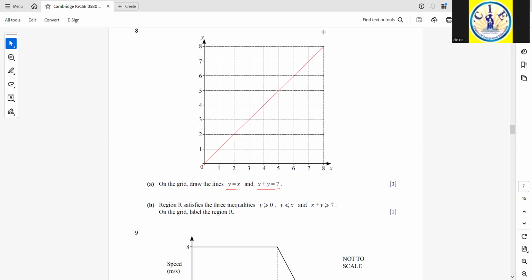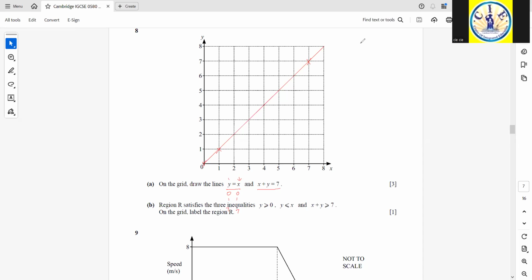This is because we can see that the value of y is equal to the value of x. So if x is 0, the value of y is 0. This is the point. If x is 1, the value of y is 1. This is the point. And if x is 7, the value of y is also 7. This is the point. And we need to join these points, and we have drawn the graph like this.